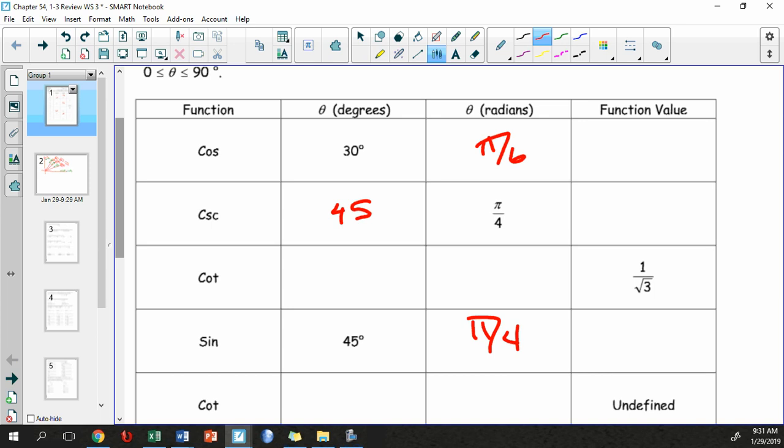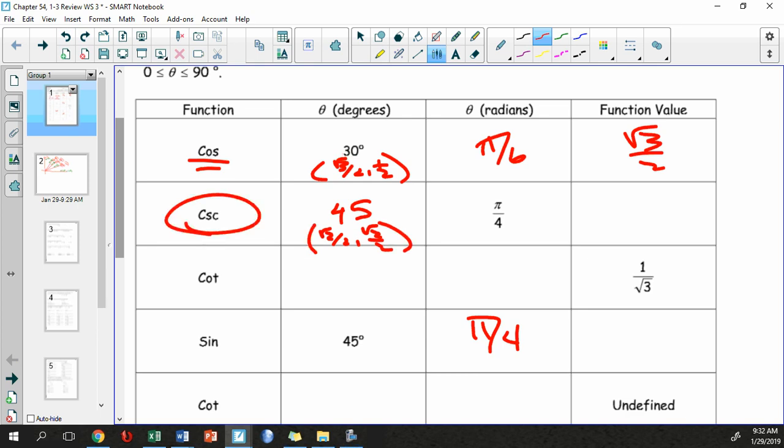Now if I go back to finish those: 30 degrees corresponds to the ordered pair, hands of the clock, 1, 2, 3, square root of 3 over 2, comma 1/2. I want the cosine. Cosine is x, so it's the square root of 3 over 2. Oh, this is 45 degrees, which corresponds to the ordered pair square root of 2 over 2, square root of 2 over 2. I want the cosecant. What's cosecant?